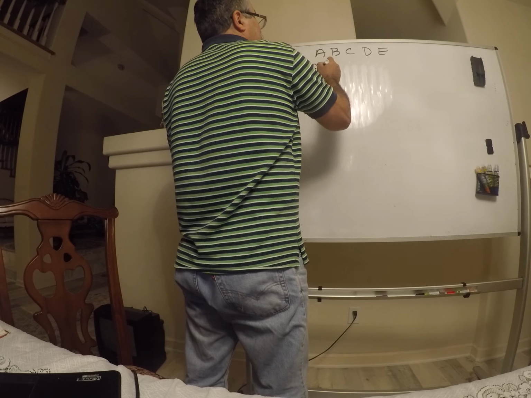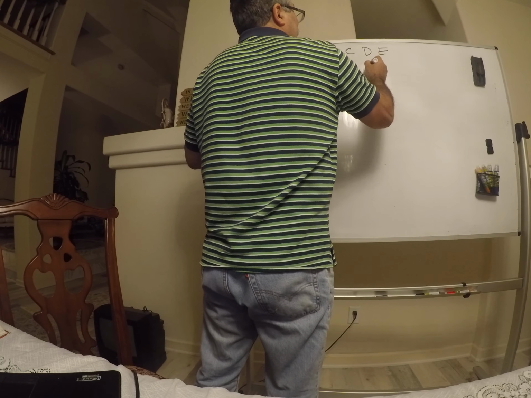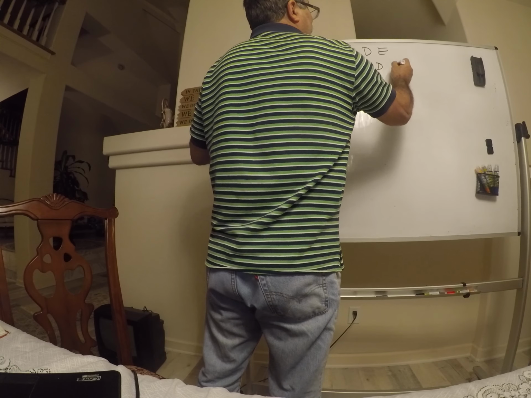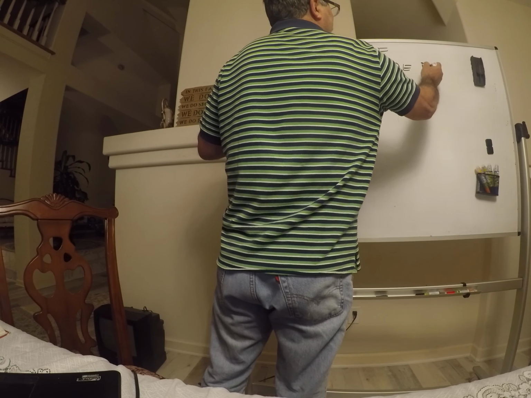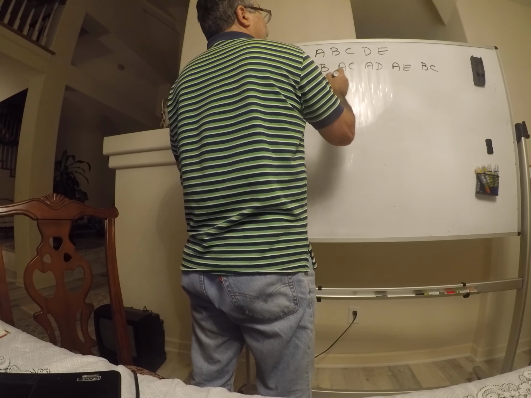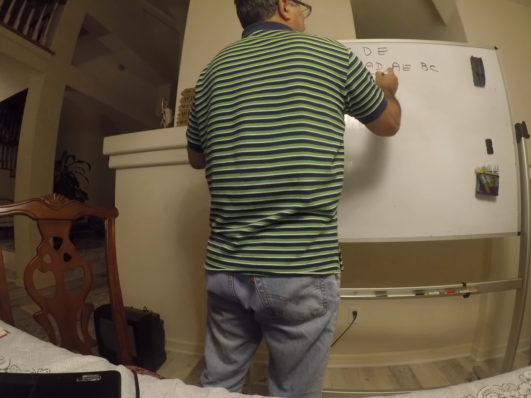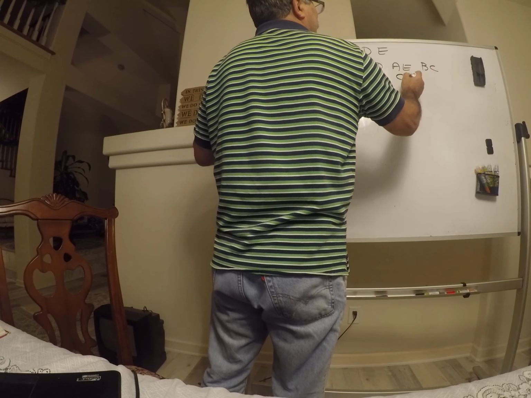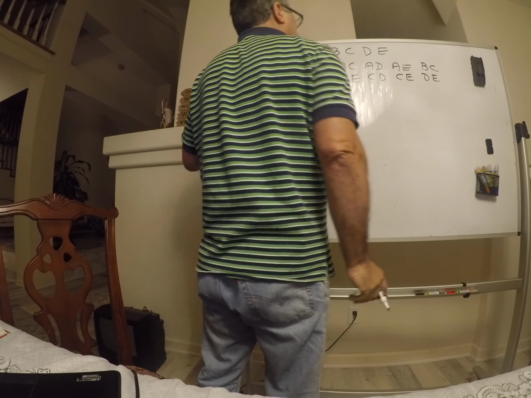So we can have AB, AC, AD, AE, BC, BD, BE, CD, CE, and we can have DE. This is the total of 10.